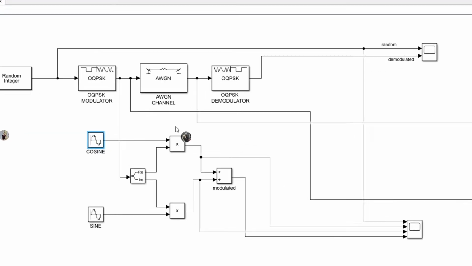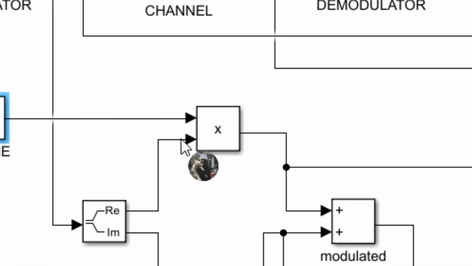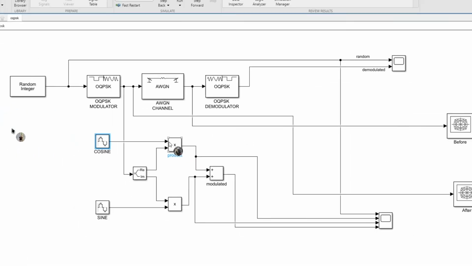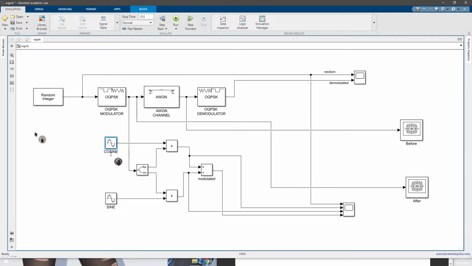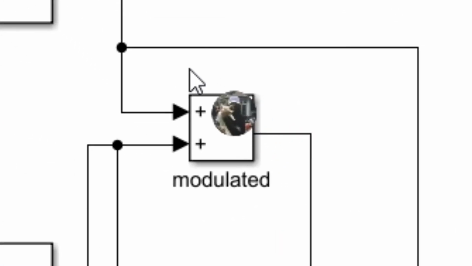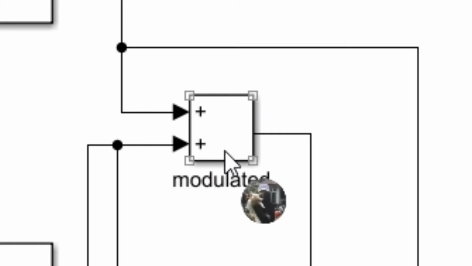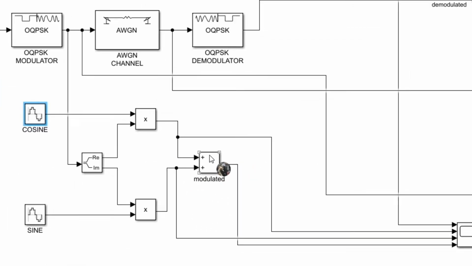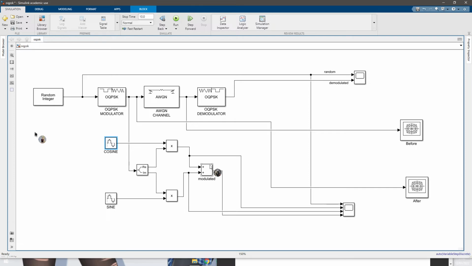Next, we go to the product block, which is used to return the result of multiplying two inputs, which in our case is used to multiply the outputs of the sine wave imaginary and cosine wave real signals. Next, this is the addition or sum block used to add or remove inputs that are scalar, vector or matrix. It can also execute a summation and collect the pieces of signal.